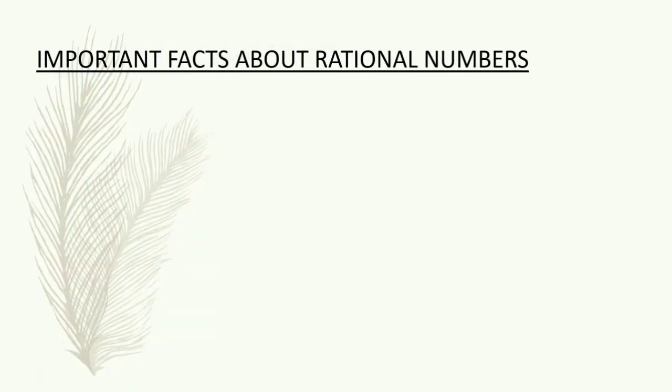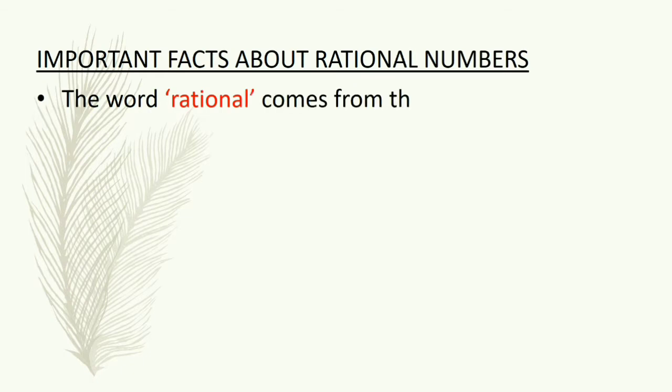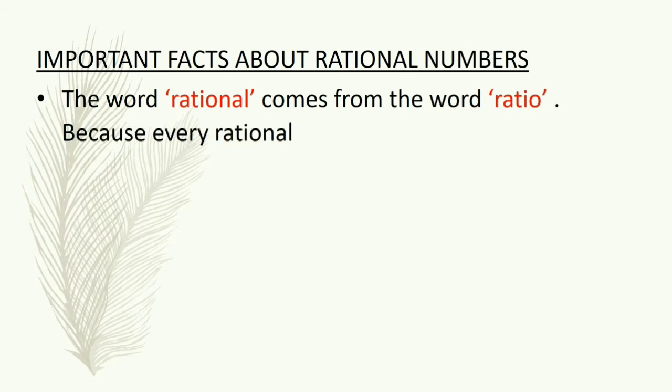Now let us go through some important facts about rational numbers. The first one is, the word rational comes from the word ratio, because every rational number is a ratio between two integers.